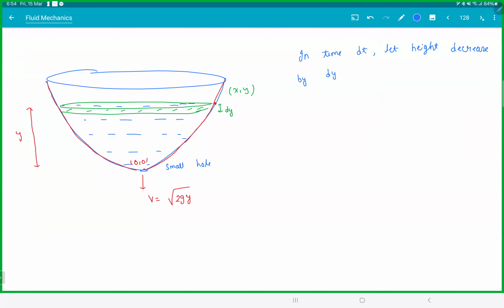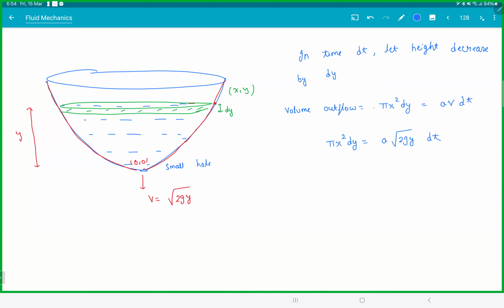So what is the volume that is outflowing? Volume outflow is area, which is pi x square into dy. But this is also equal to area of the hole into velocity v. So we have pi x square dy is equal to a into root 2 gy into dt.